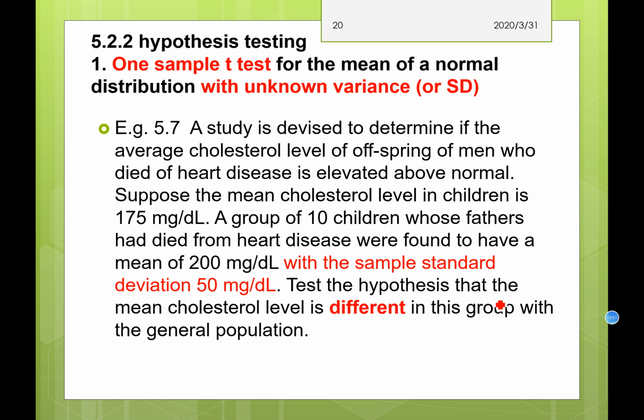So let's think about the question first. The question is the last sentence. Test the hypothesis that the mean cholesterol level is different in this group with another one. So that means the purpose of this study is to compare the difference between two groups. So here we find that "different" is the keyword for the question.